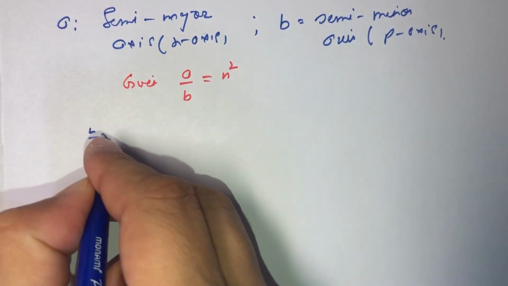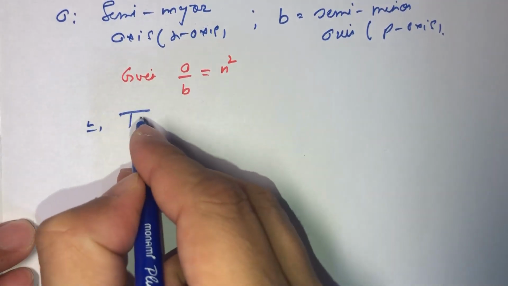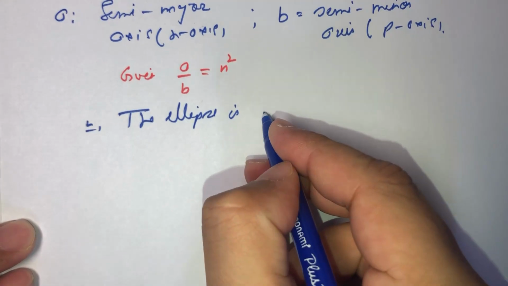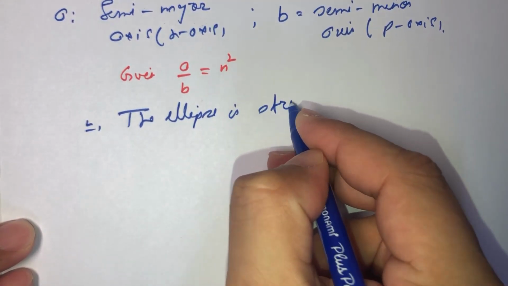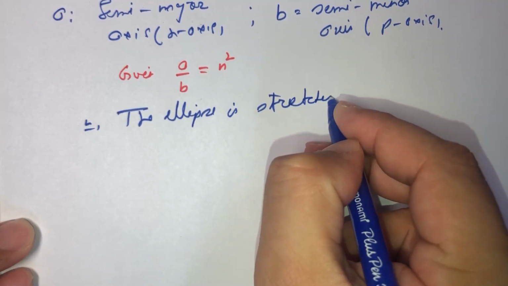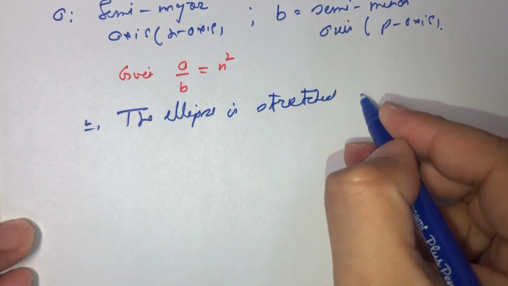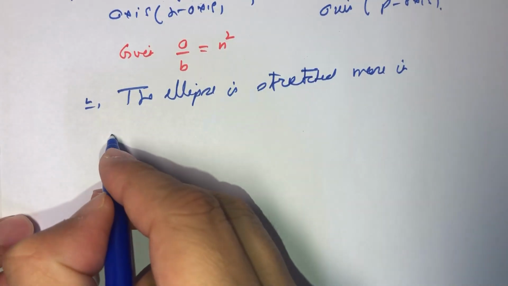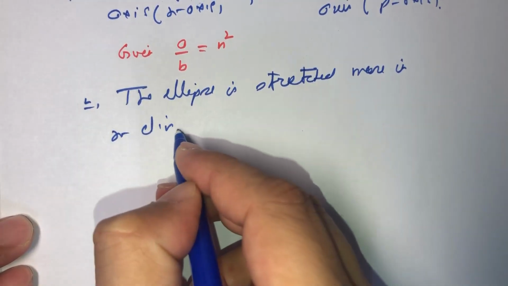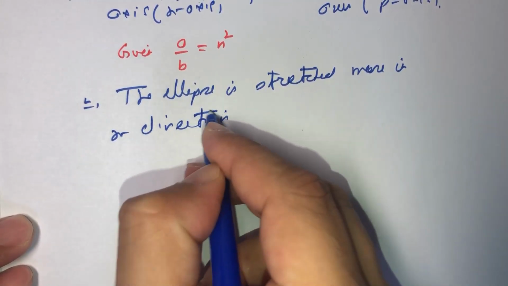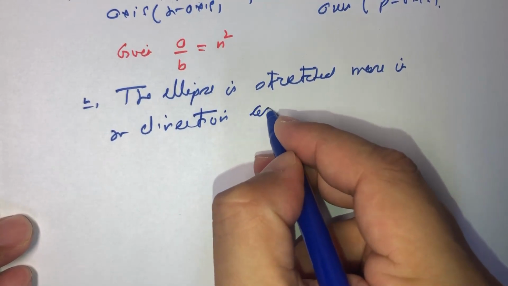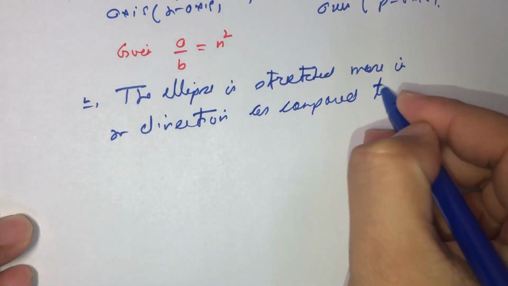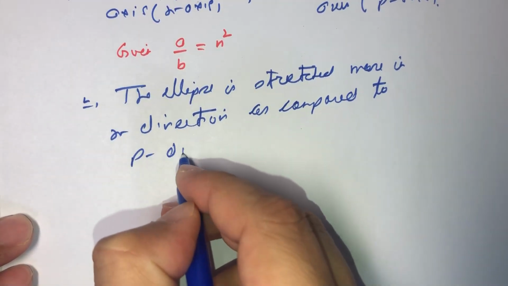So from here we can say the ellipse is stretched more in x direction as compared to p direction.